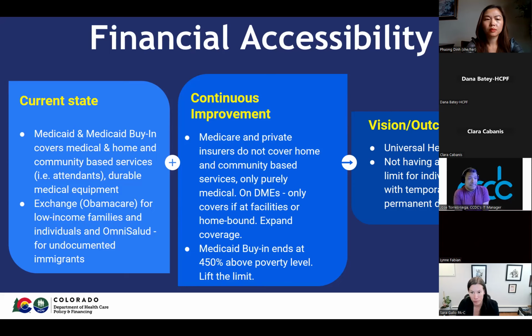Continuous improvements. Medicare and private insurance do not cover home and community-based services, only purely medical. DME only covers if in a facility or homebound.